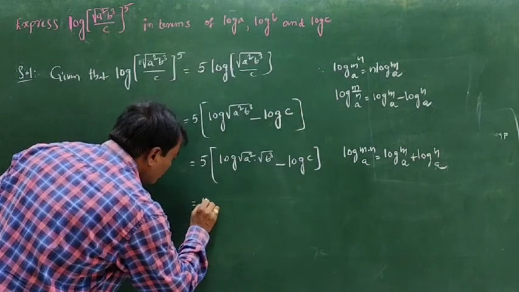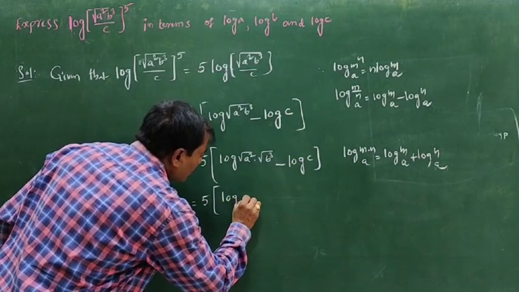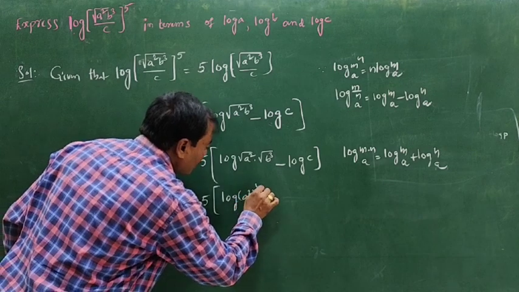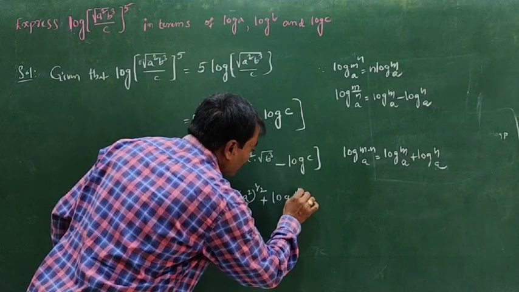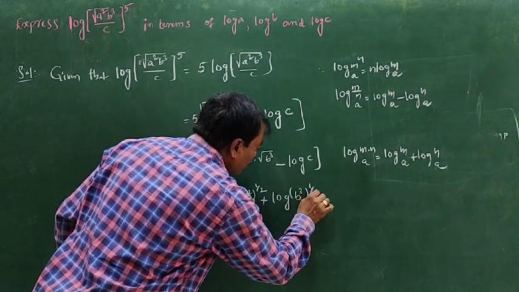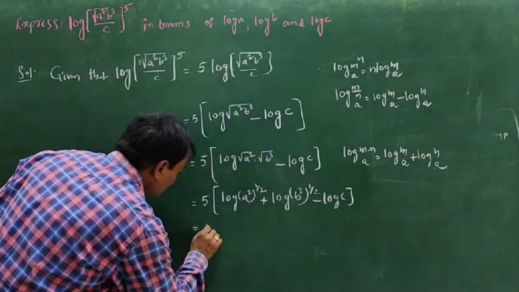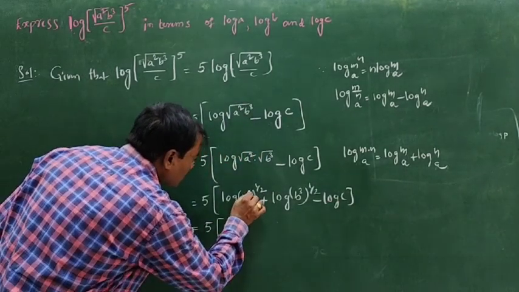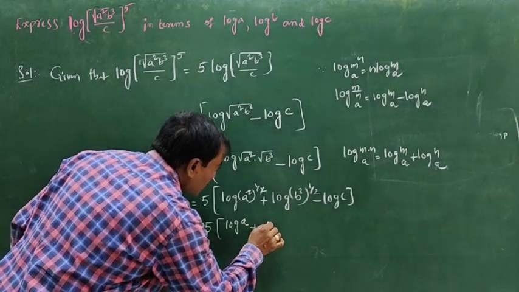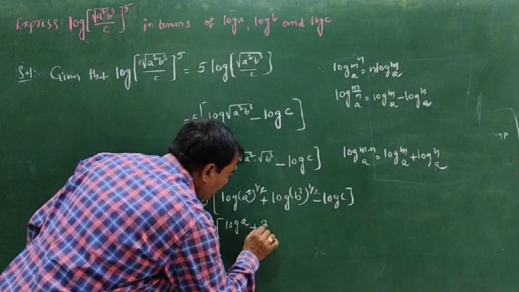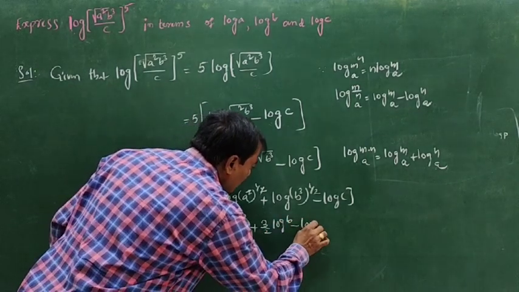So therefore 5 times log a square whole to the power of 1 by 2 plus log b cube whole to the power of 1 by 2 minus log c. And finally this is 5 times, so this is cancelled. Now this is log a plus 3 by 2 log b minus log c.